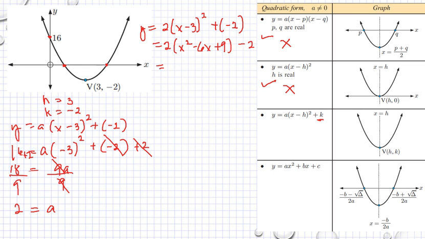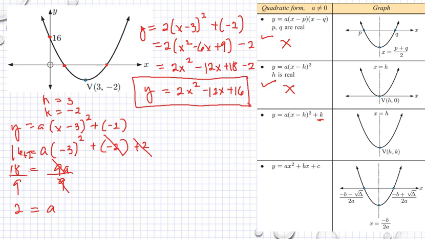And then we have 2x squared minus 12x plus 18 minus 2. Then we have 2x squared minus 12x plus 16, sorry. Here is our function.